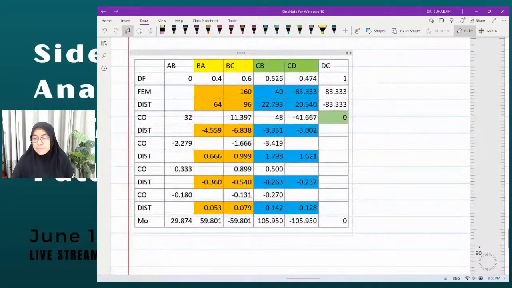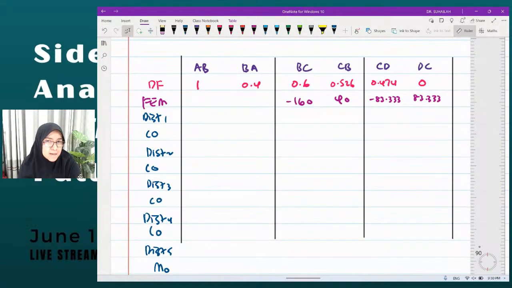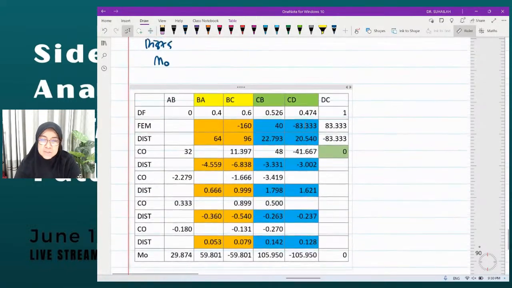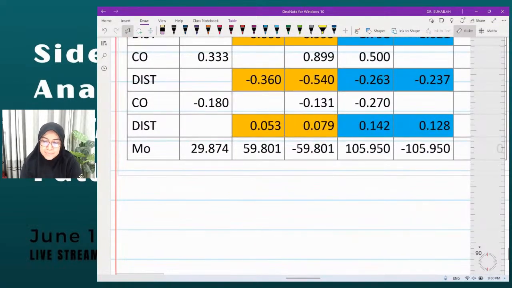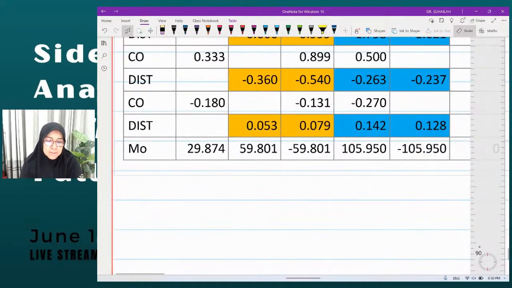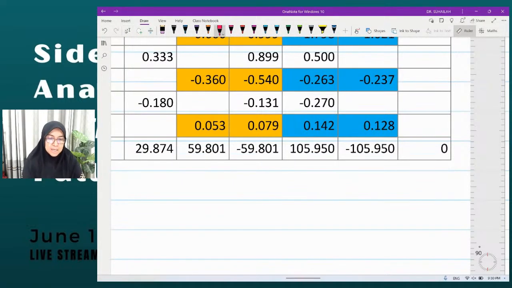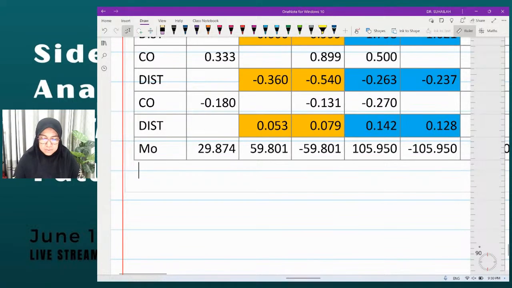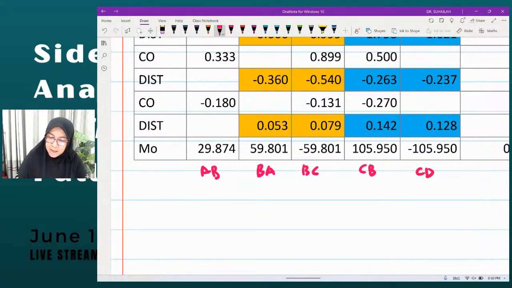This is actually the distribution table, table number 1. So please fill this in using manual calculation. The answer is here, just for checking. So we get the end moment M naught here, starting from AB until DC: AB, BA, BC, CB, CD, and DC.